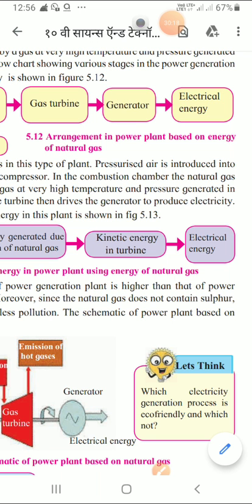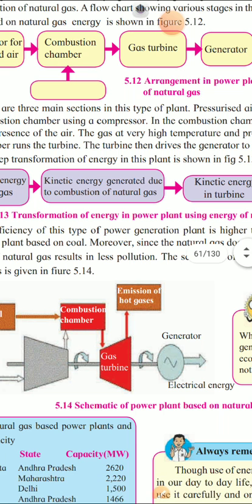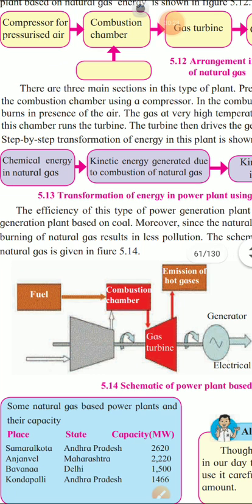Now let us see here the schematic of the power plant based on natural gases. See here, fuel is there. Further it goes to the combustion chamber.